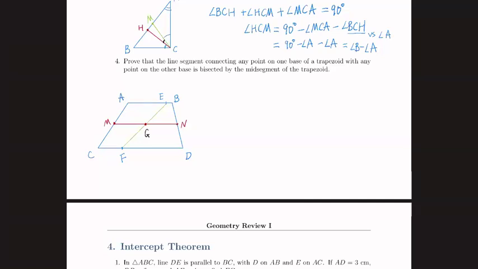You pick the hardest one, but let me use a different color.